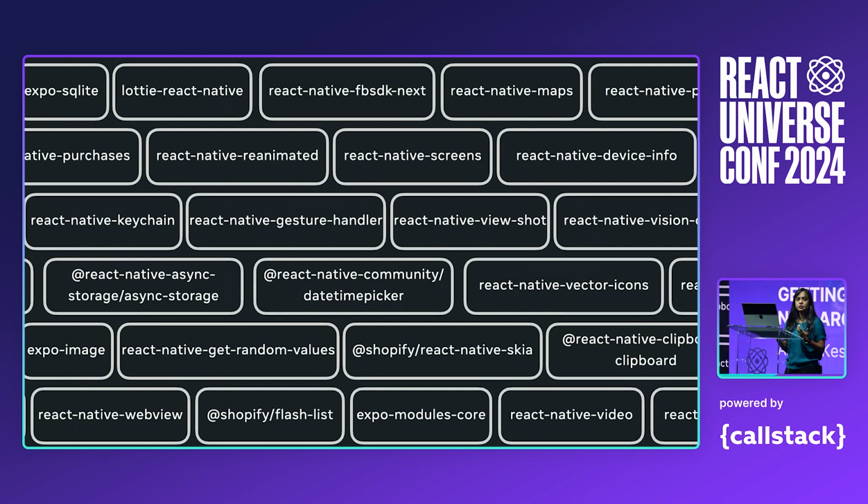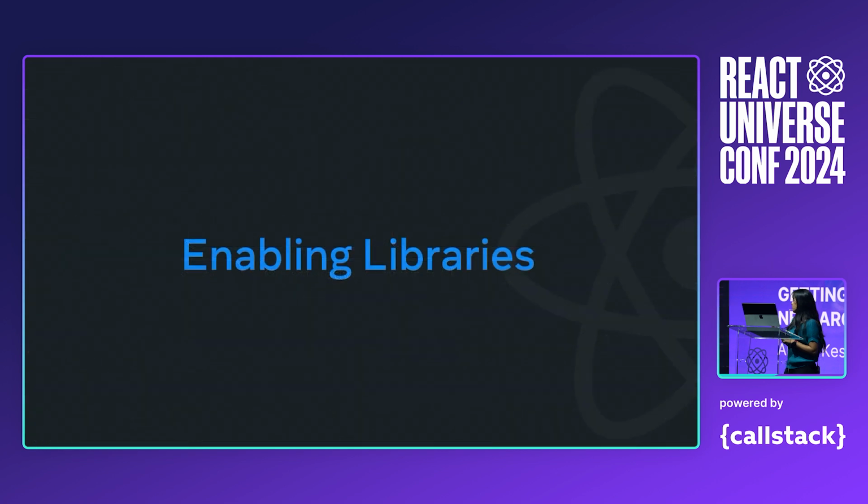And our ecosystem includes thousands of libraries like this, which is why migrating each of them to the new architecture at this scale was challenging. And that's why I want to deep dive a little bit into how we made these libraries new architecture compatible.